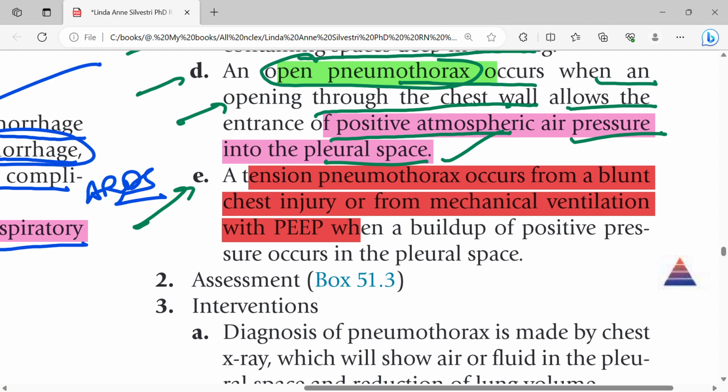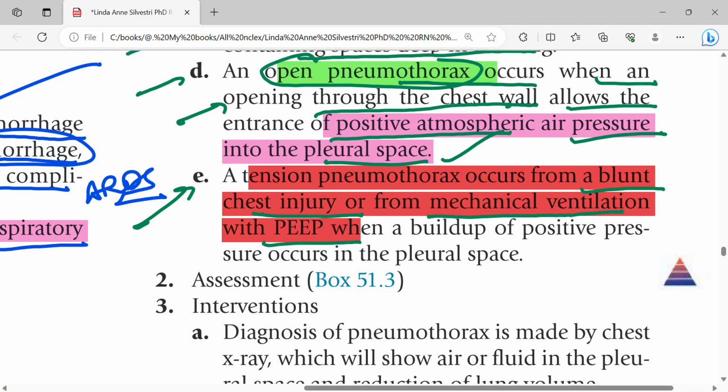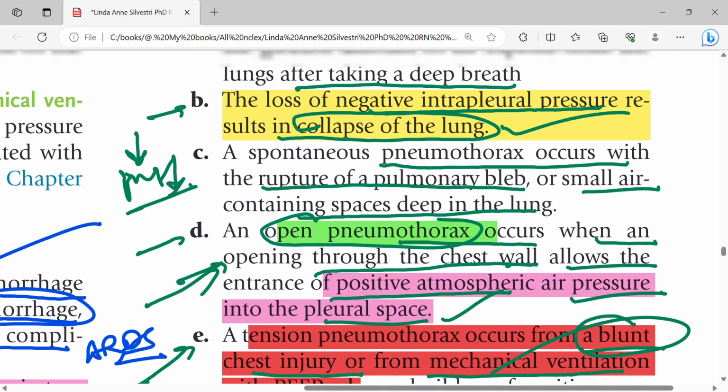Tension pneumothorax: what is tension pneumothorax? It occurs from a blunt chest injury or from mechanical ventilation with PEEP, when a build-up of positive pressure occurs in the pleural space. Open pneumothorax means the chest wall has been opened.